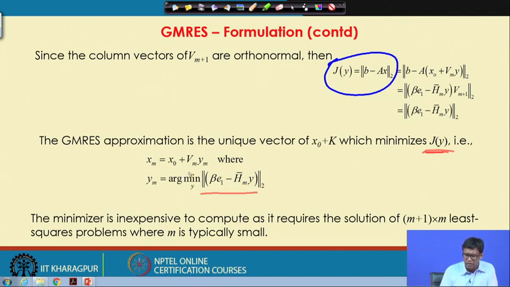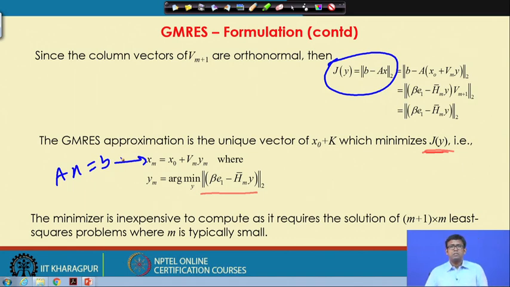With this ym, and Vm which you have already found using Arnoldi or FOM type of method, you find xm equal to x0 plus Vm ym, which is the approximate solution of Ax equal to b.